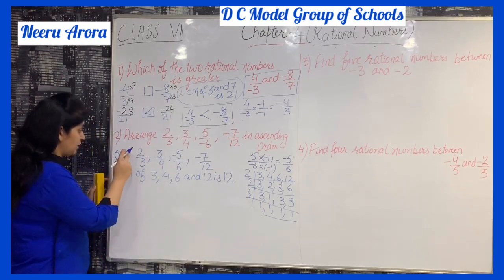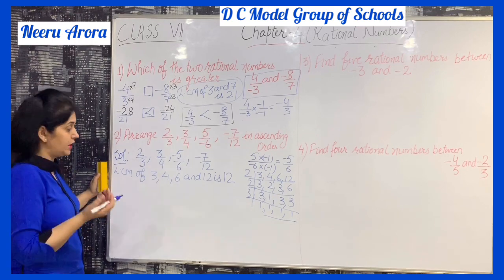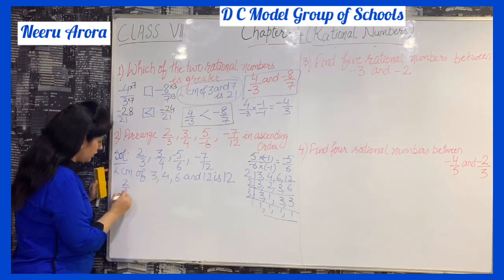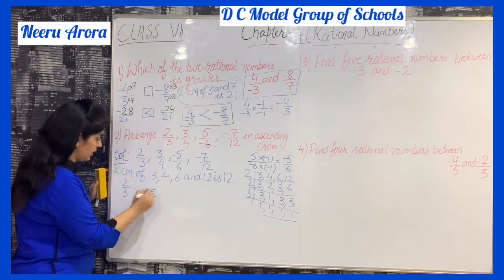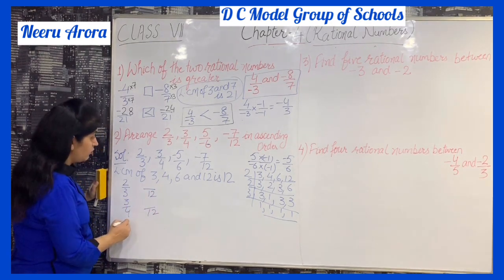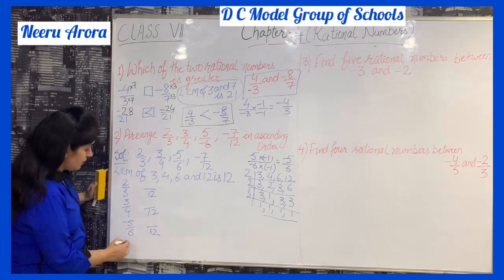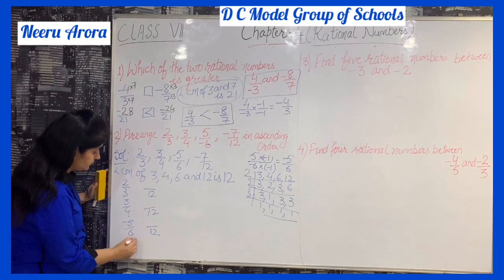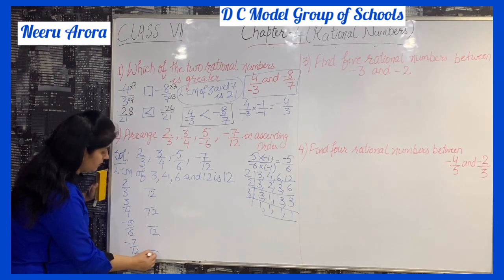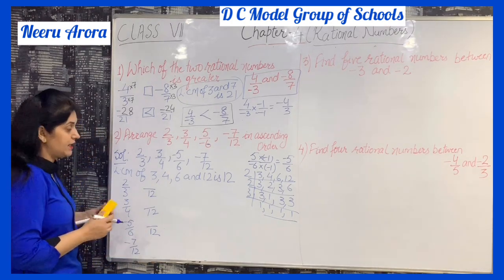Again express each rational number with the LCM as its common denominator. -7/12 already has denominator 12.